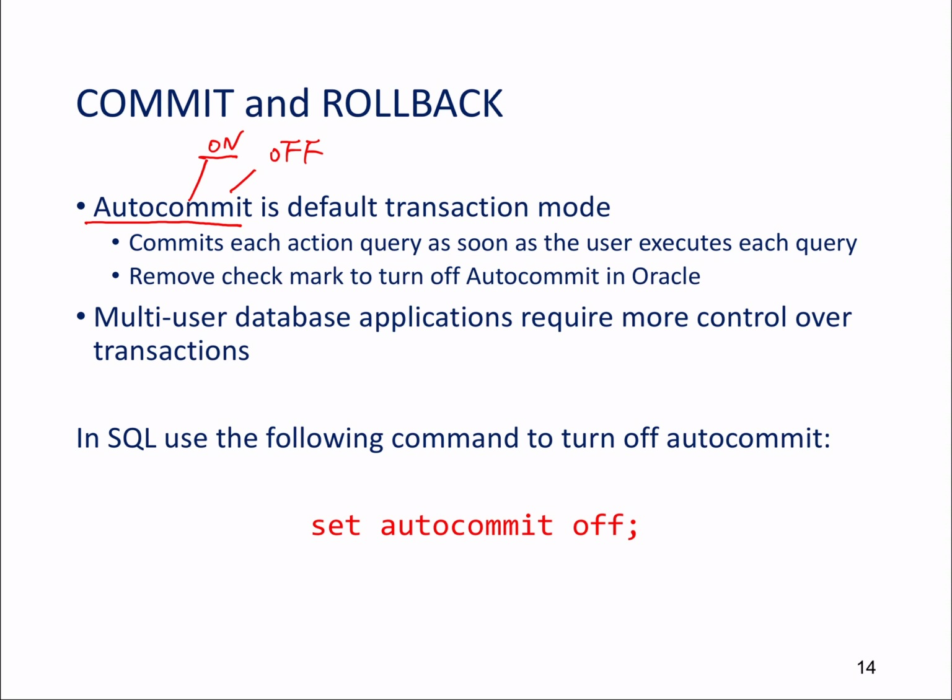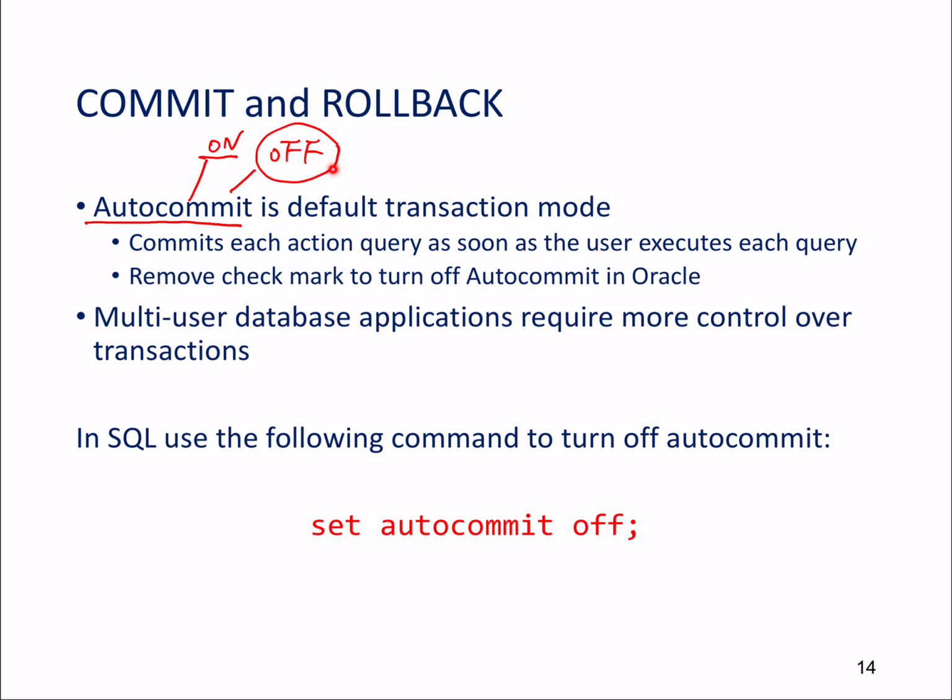In order to make sure transaction control is working, you need to first of all set the auto commit mode to off. When the auto commit mode is off, all the operations inside your transaction will be only temporary.